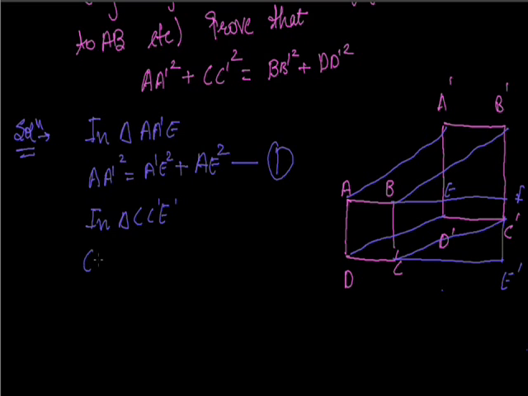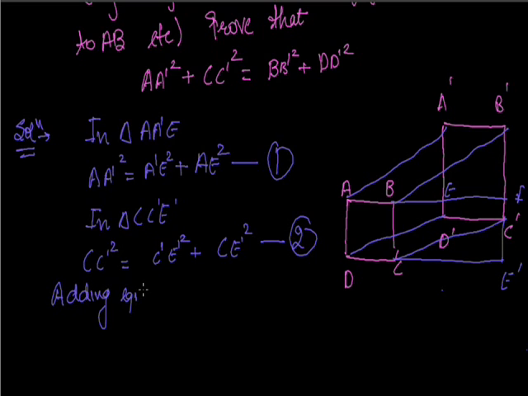In this, we will write C' square will be equal to C'E' square plus CE' square. Give it the equation 2. Adding equation 1 and 2.